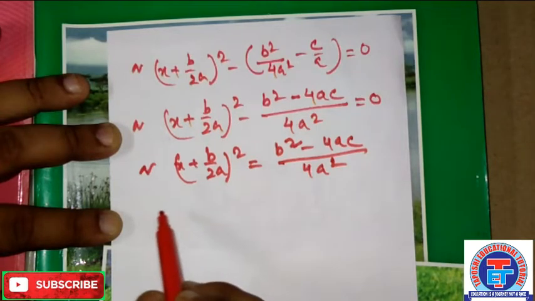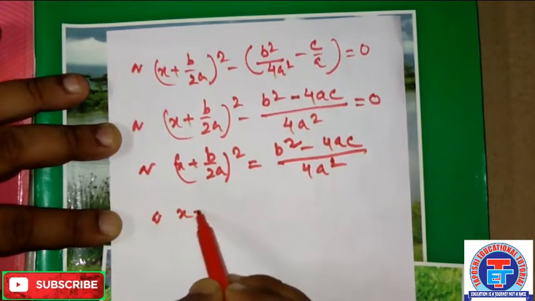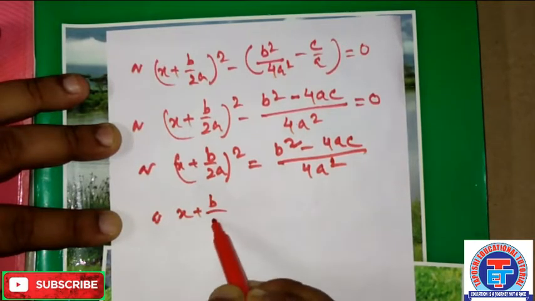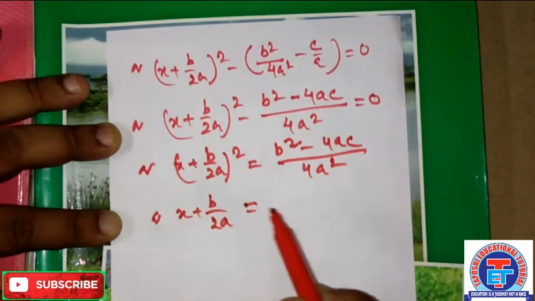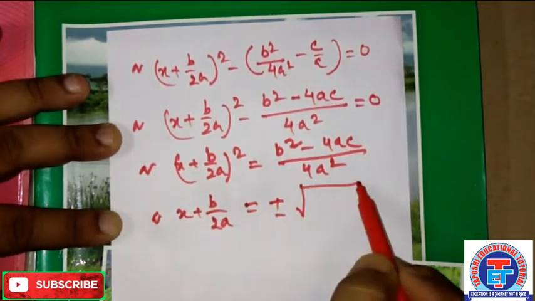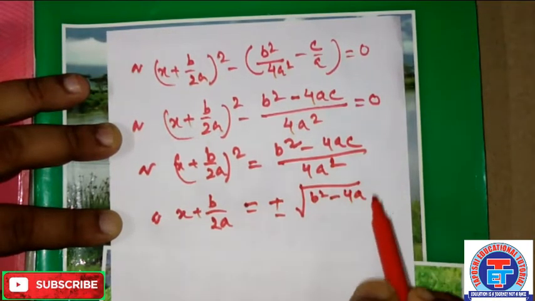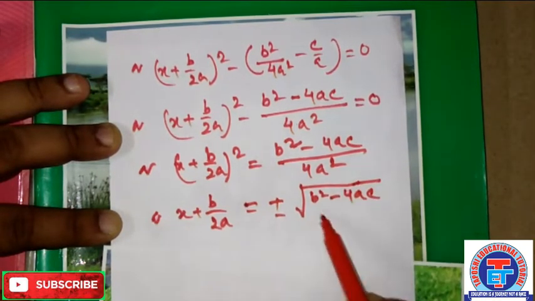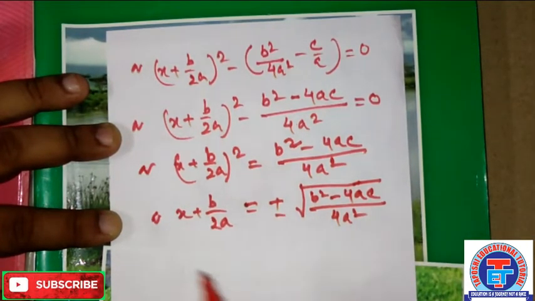Taking the square root of both sides, we get plus minus root over b square minus 4ac divided by 4a square.